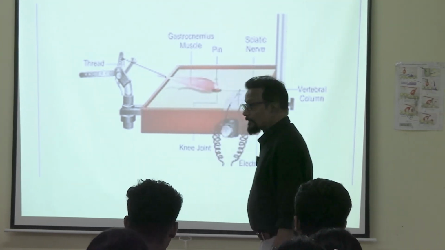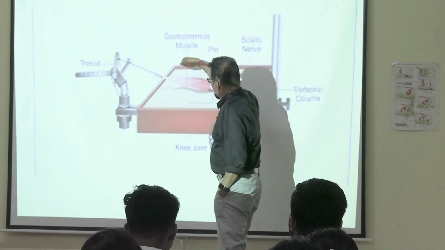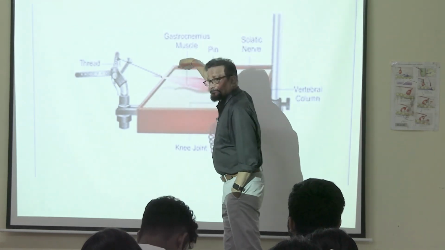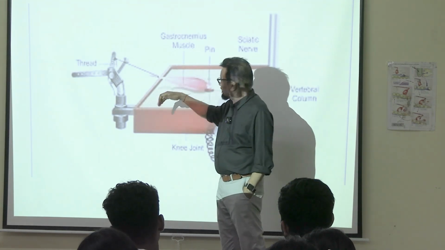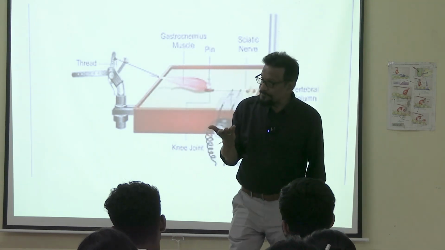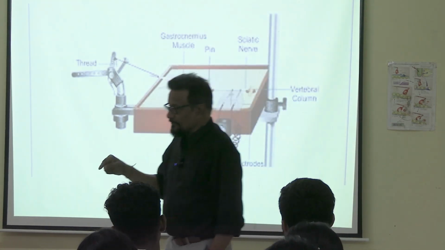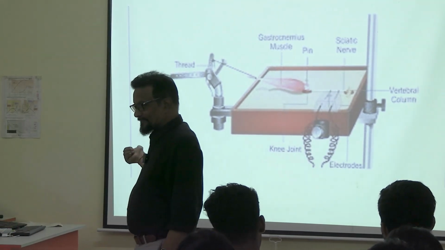Then I will apply some hot Ringer on the muscle and over the nerves. Now the muscle will be heated, its temperature will be increased, and the temperature of the nerves will be increased. Again you perform the same experiment.